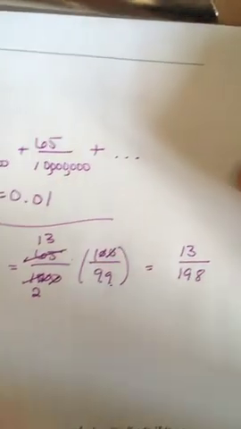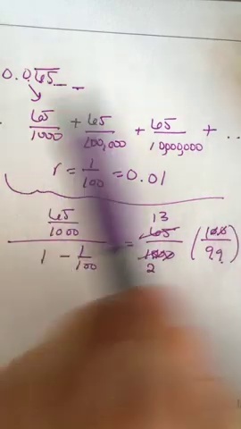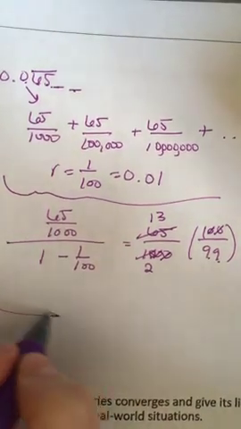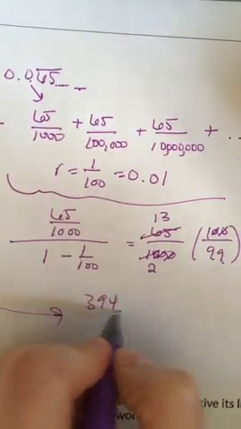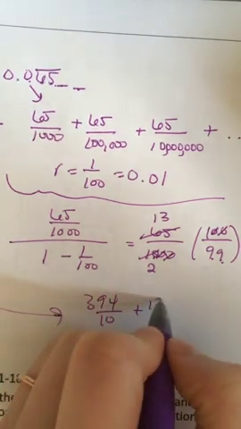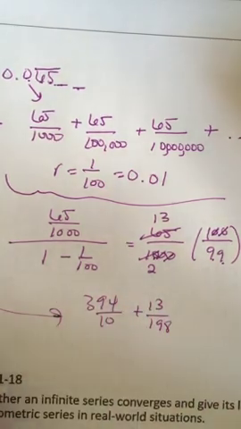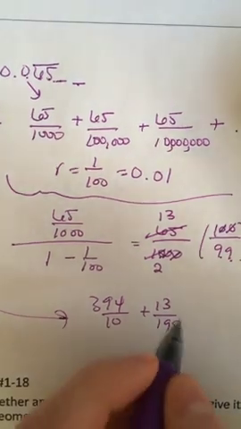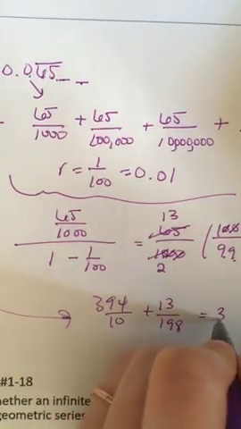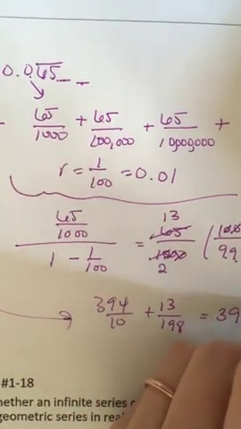Okay, but I like the simplified number. 13 out of 198. That's just these decimals, that 65 part. So I'm going to bring down my 394 tenths plus 13 198ths, and that will get you your big, huge fraction, and then you can make it a mixed number.